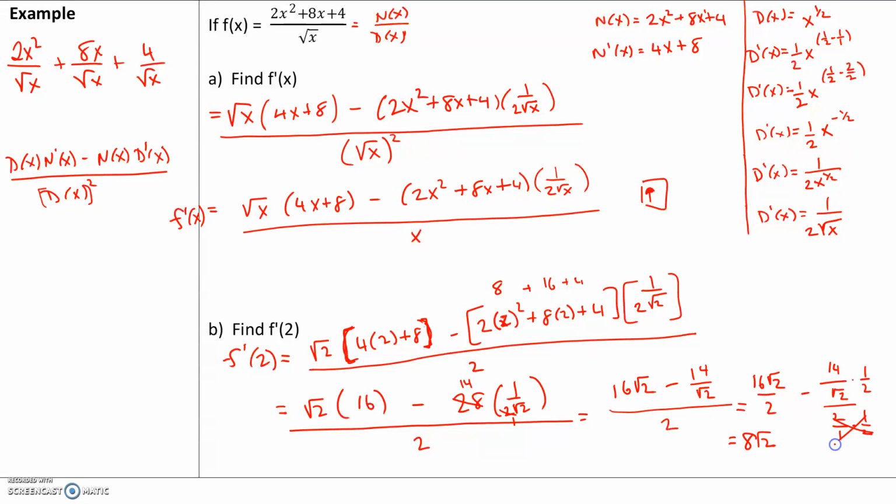Okay, so if we do that, the 2 over 1 and 1/2 cancel. 2 goes into 14 7 times, and this gives us 7 over radical 2. So essentially what we're doing is taking this 14 and dividing it by this 2. So 14 divided by 2 will give us 7 over radical 2. And then you can put this in Desmos and come up with a decimal, and remember to round to 4 decimals for the purposes of My Open Math.